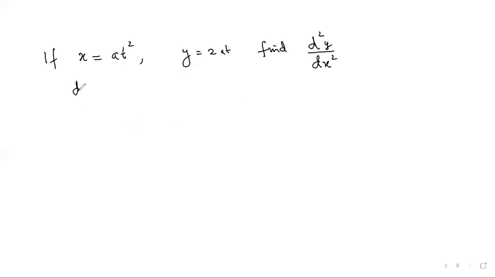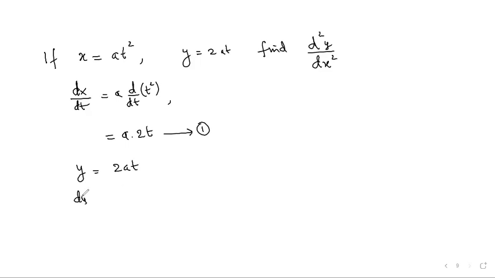So first, let me find dx by dt. a into derivative of t square. Please pay attention, there's something different. That became a into 2t. Equation 1. Then I'll take y as 2at. I'll find dy by dt: 2a into derivative of t, which I get as 2a.